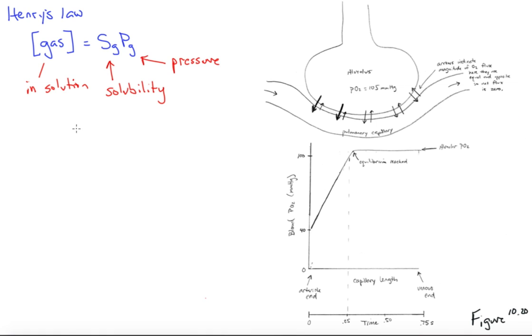The easy example here, I think, is the way soda is packaged. If we have our can of soda here, we've got our lid on it. When soda is packaged, it's not filled all the way. I'll exaggerate a little bit, but it's not filled all the way to the top.